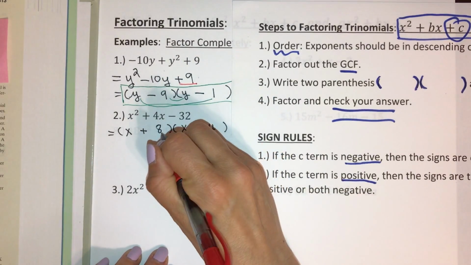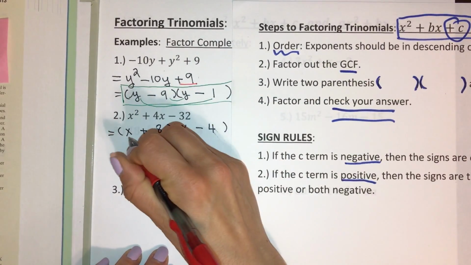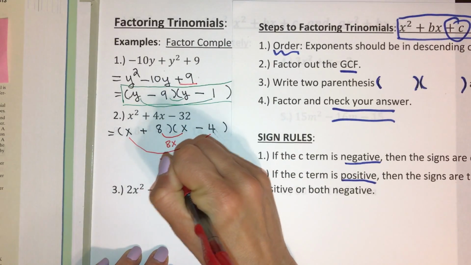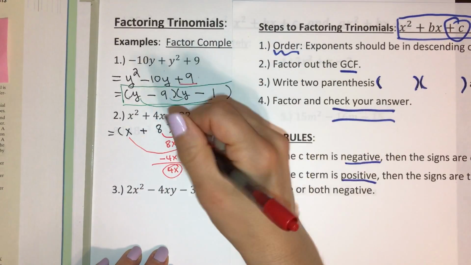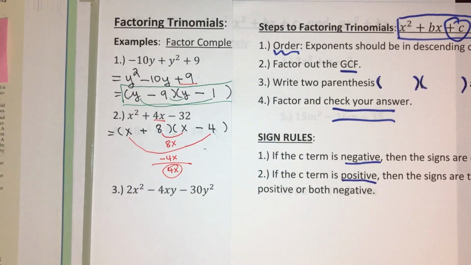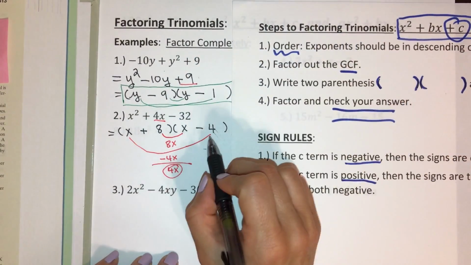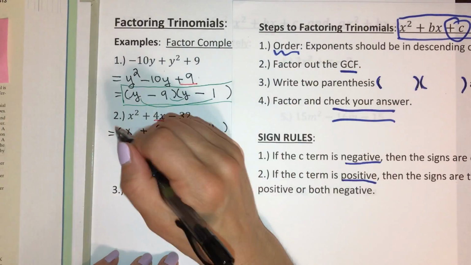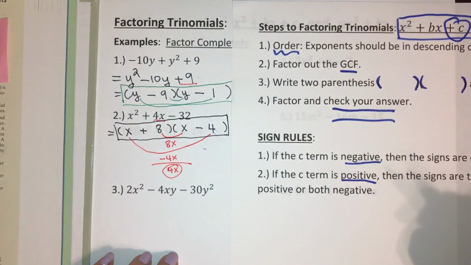Really quick, to check your work, multiply your inner ones, that gives me 8x. Multiply the outer, that's negative 4x. When you combine these, we get positive 4x. It matches the middle term, so we know that it's correct. Also, you can FOIL and get back to the original trinomial. Factoring is actually the opposite of FOILing.